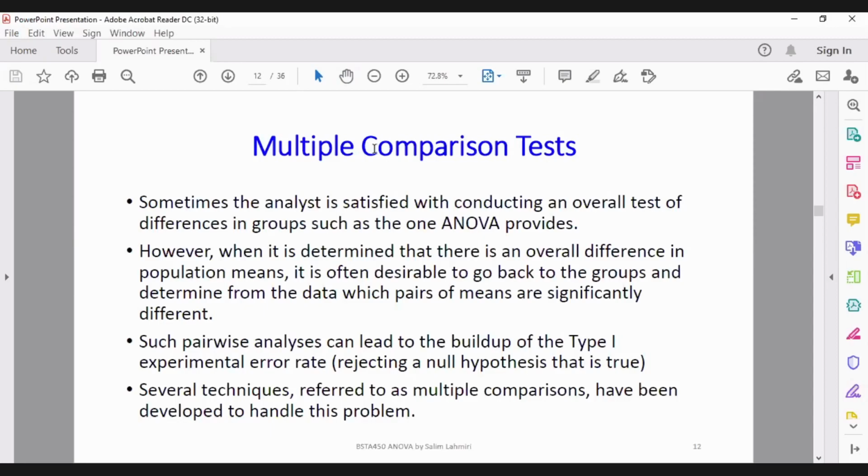When it is determined that there is an overall difference in population means, it is often desirable to go back to the groups and determine from the data which pairs of the means are significantly different. Meaning that when your results indicate that you need to reject the null hypothesis, it is better to go back to the regression analysis or the previous experiment and check its corresponding p-value, whether it is larger or below 5%.